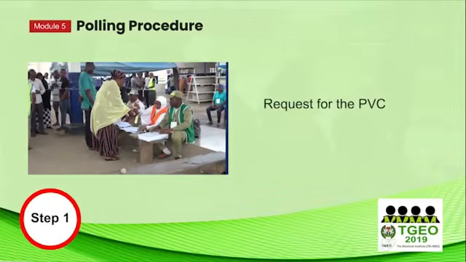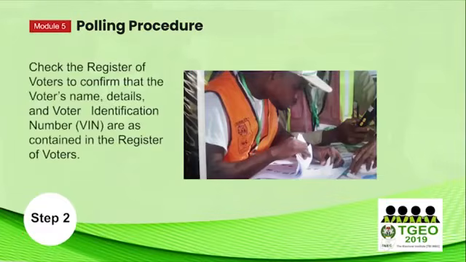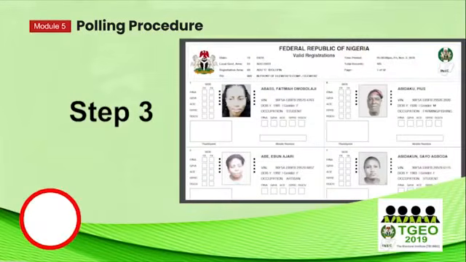Step 1. Request the PVC. Step 2. Check the register of voters to confirm that the voter's name, details and voter identification number (VIN) are as contained in the register of voters. Step 3.